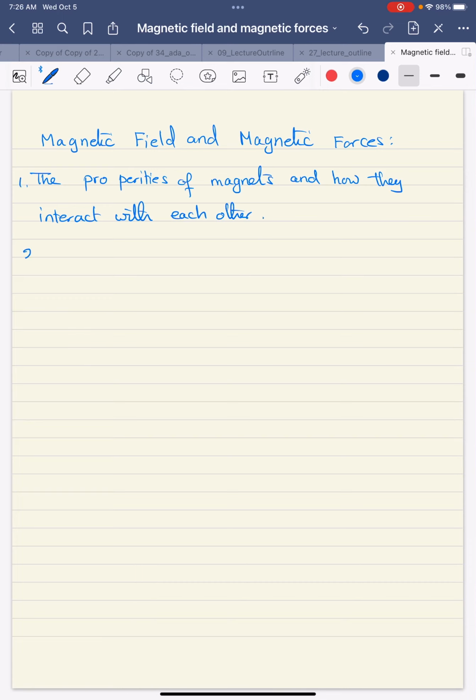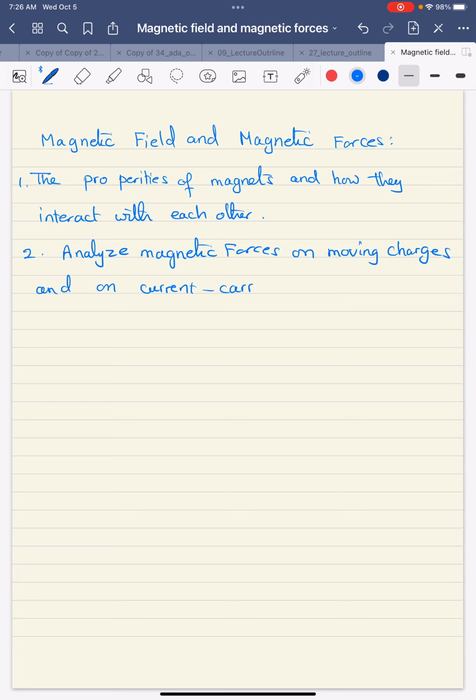We will also be able to analyze magnetic forces on charges which are moving, and also current carrying conductors.